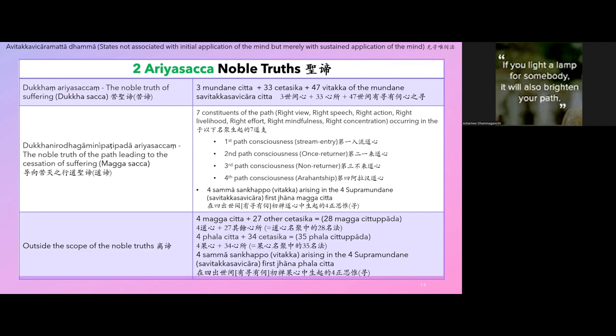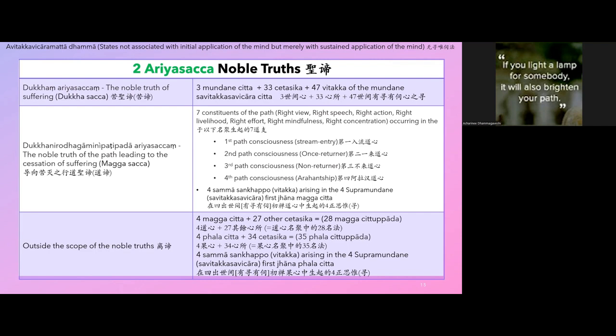And under magga sacca, we get only 7 constituents of the path. And as I explained before, we don't get vitakka here. Vitakka is not classified. And this is with regards to the second jhana, right? So we get 7 constituents of the path with regards to the second jhana.